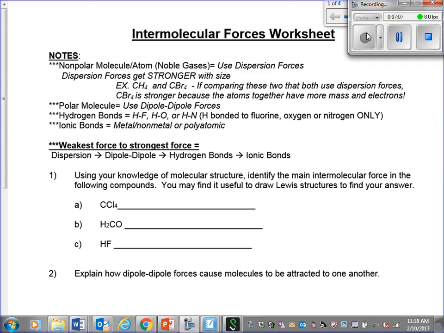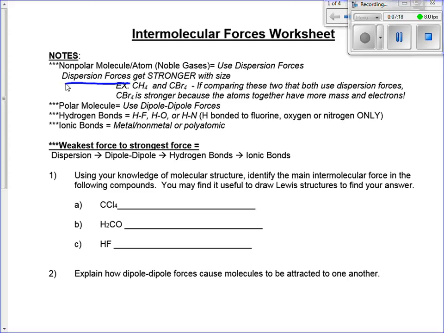The first three up here are the ones for covalent compounds. Up here, we have dispersion forces. Dispersion forces are for nonpolar molecules or atoms. So if you have a noble gas that doesn't react with anything, it also has dispersion forces.